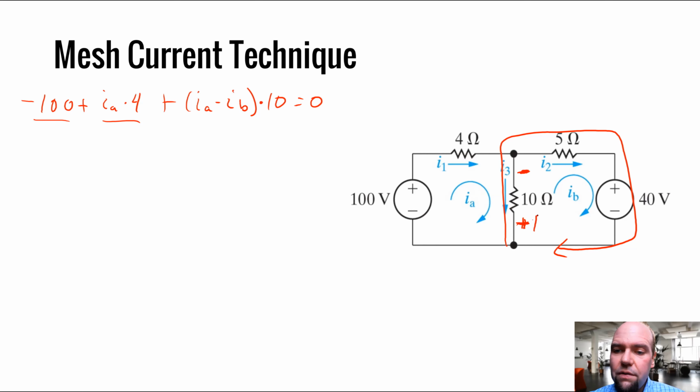So what is the current flowing into this positive terminal? Well, IB flows into this positive terminal. IB is flowing in that direction, and IA is flowing the other way. So the current flowing into this positive terminal oriented like this is going to be IB minus IA, and that's all multiplied by 10 to get the voltage drop.